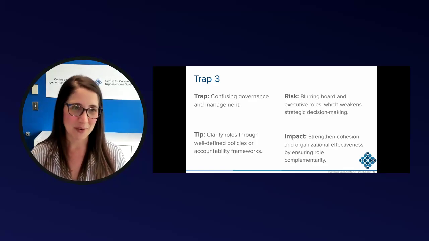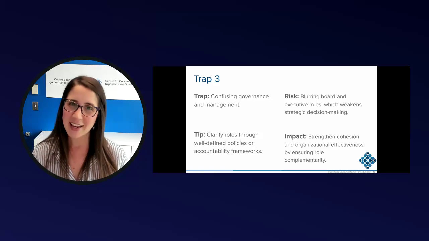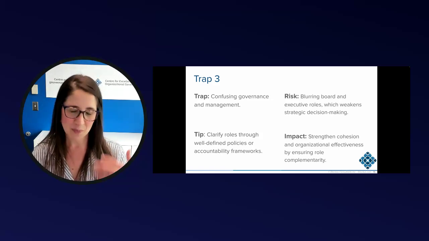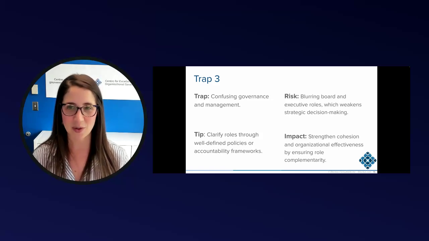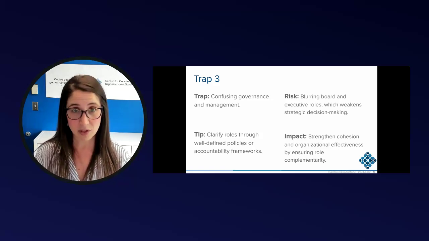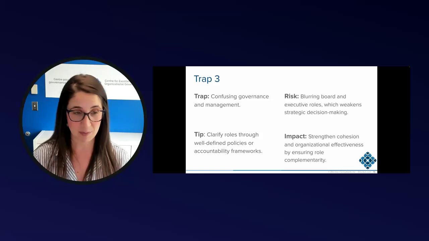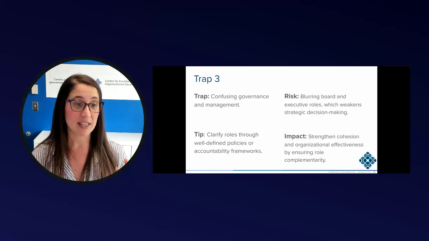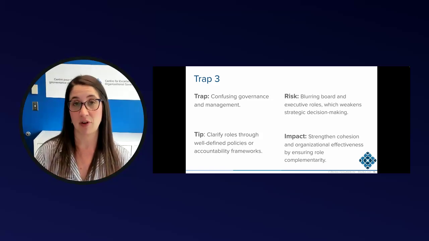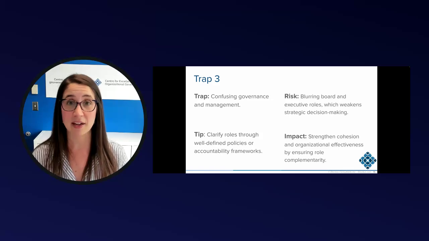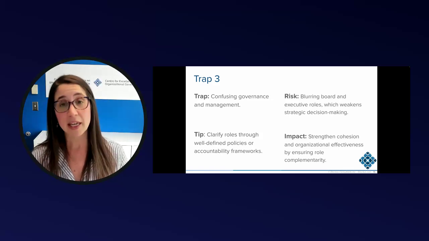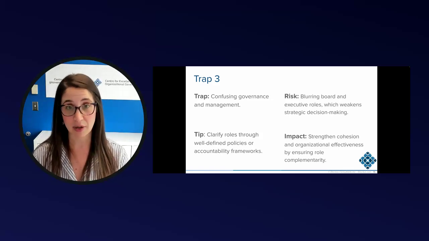And the third trap I want to share with you is confusing governance and management. Kind of ties into the second one, but I just wanted to go into it in a little bit more detail. So the risk here is blurring board and executive roles, which can weaken strategic decision making. Therefore, it's important to clarify the roles through well-defined policies or accountability frameworks, especially for our executive director, and clarifying roles for directors and officers as well will keep us from overstepping or blurring the lines between governance and management.